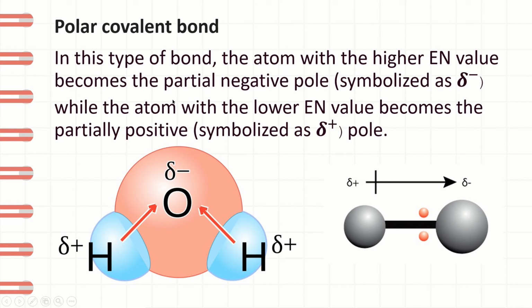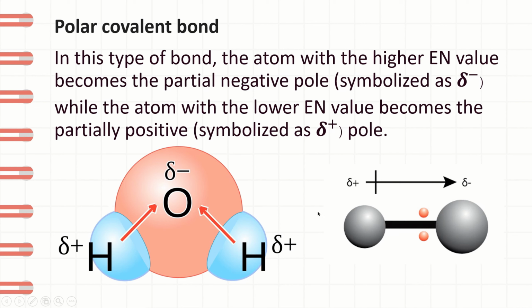In polar covalent bond, the atom with higher electronegativity value becomes the partially negative pole, symbolized by this partial negative, while the atom with lower electronegativity value becomes the partially positive pole, symbolized by this partial positive symbol.